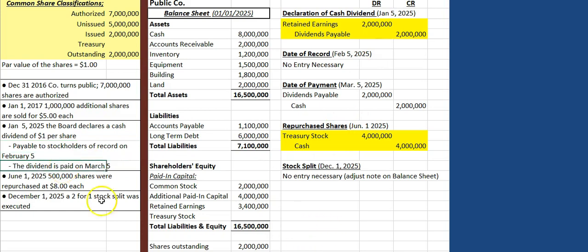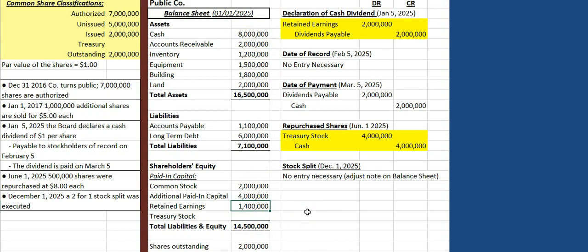And then it says the dividend is paid on March 5th. So on the date of payment, March 5th, you are going to close your payable account to zero and you're going to pay with cash, okay? So as you can see, when a dividend is paid, it's paid out of retained earnings, right? So retained earnings now is going to go down by $2 million, right? And by the way, companies can only declare dividends if they have enough cash and if they have enough retained earnings.